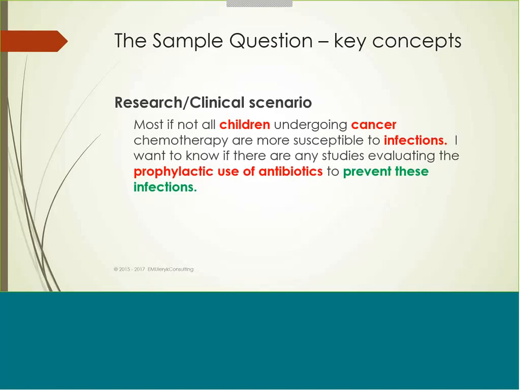And you would underline it, or in this case I've color-coded it, so I know that any articles of interest to me would be articles that are in the pediatric population, in children, about the oncology population, so children with cancer, any infections, and I wanted to look at the prophylactic use of antibiotics, because really what I'm looking for is to try and prevent the infections before they start.